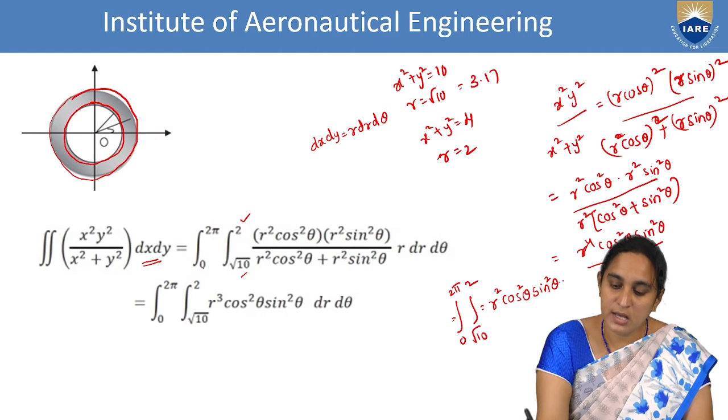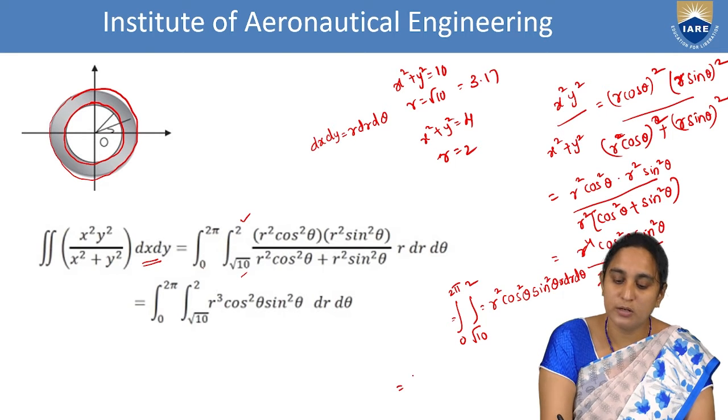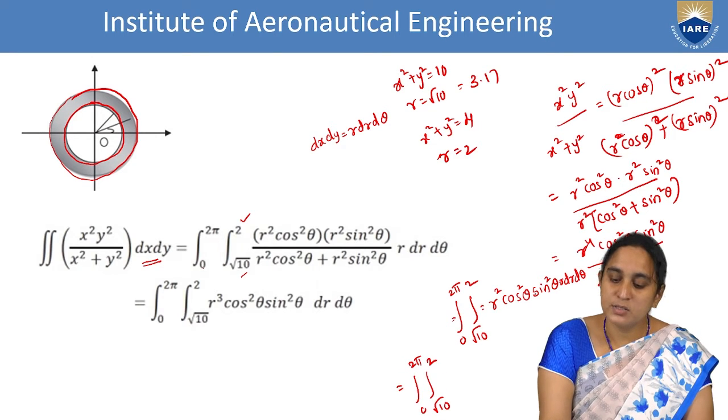I'm substituting here dx dy equal to r dr d theta. That is equal to integral 0 to 2 pi, integral root 10 to 2 of r square into r, that is r cube, into cos square theta sin square theta dr d theta.